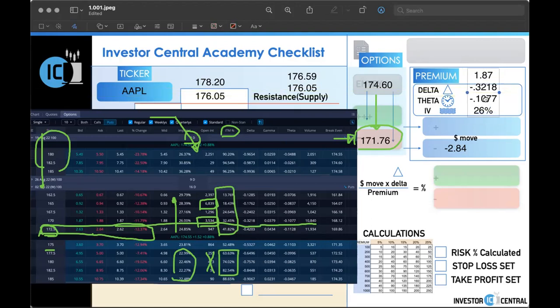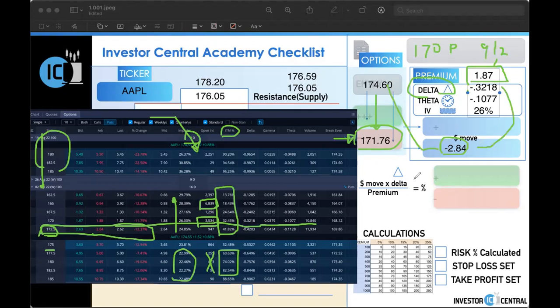Okay. Now here's the calculation that you guys have got to understand. Remember what delta is, right? Now keep in mind, this is just an estimate, okay? Delta here, so $187 a contract for the 170 puts for September 2nd, okay? Now, if we're aiming for that much of a move, that'll get multiplied by delta, right?